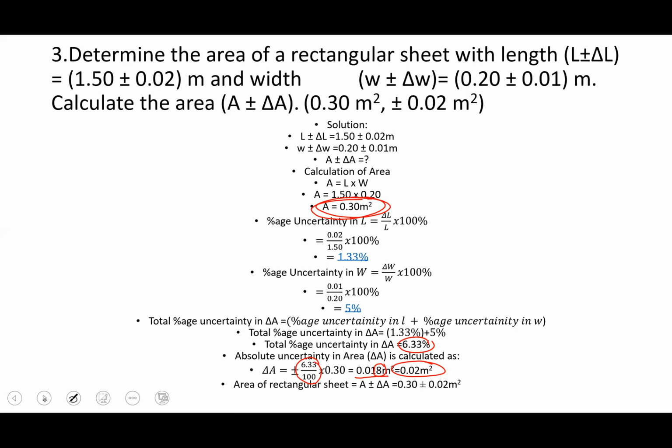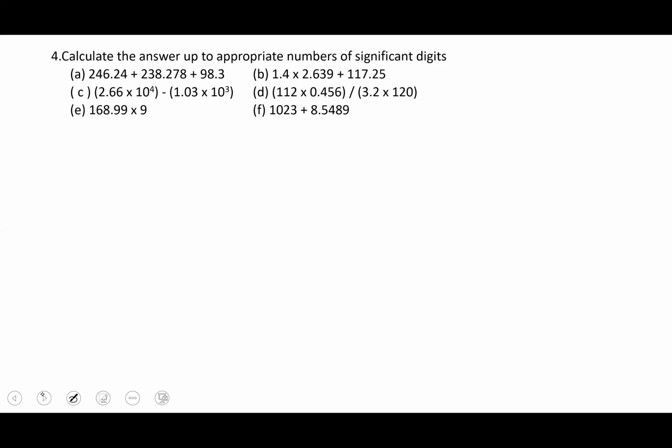Moving on to question number 4. It says over here, calculate the answer up to appropriate numbers of significant digits. So all of them are significant, but we have to choose the least significant figure. Like in this first case, the least significant is 98.3 because it has the least significant figures. Over here we have 1.4.